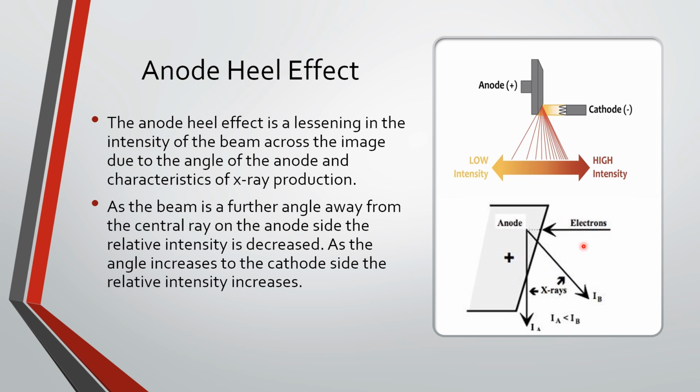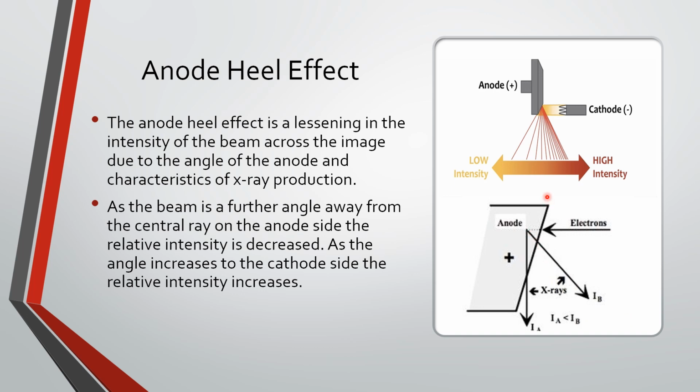So X-rays aren't created directly on the surface. They are created slightly into the anode, and then they have to escape it. They're absorbed through the metal here, so the intensity, the energy that they contain, becomes lower as you go this way, and also the quantity becomes lower as you go towards the anode side relative to the cathode side.